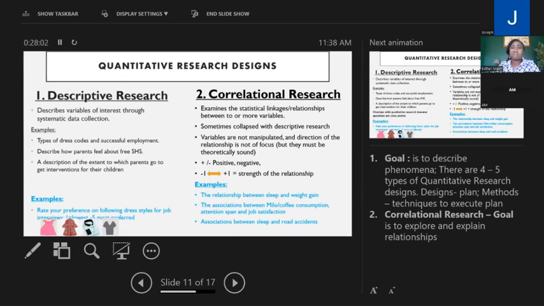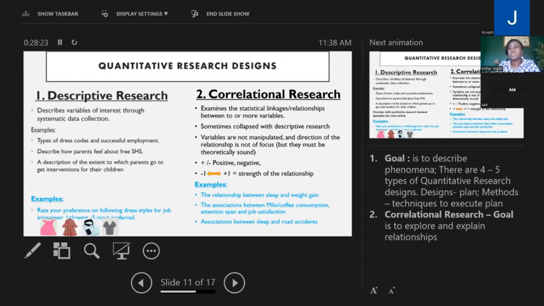There are about 4 to 6 types of quantitative research designs out there. You can break it up into however many clusters you want. People even collapse into 3. And so the first one I want to talk about is broadly what we call descriptive research.